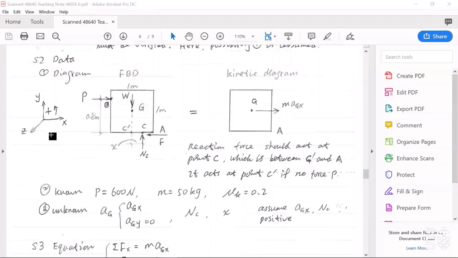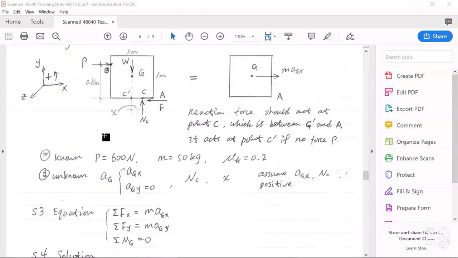Assume counterclockwise as the positive rotation direction. We know P, we know m, we know mu k. We don't know aGx, we don't know NC. We assume these two are positive, and we don't know X.